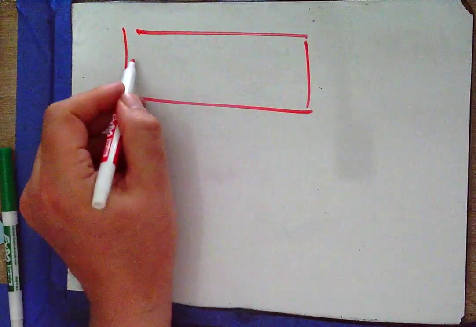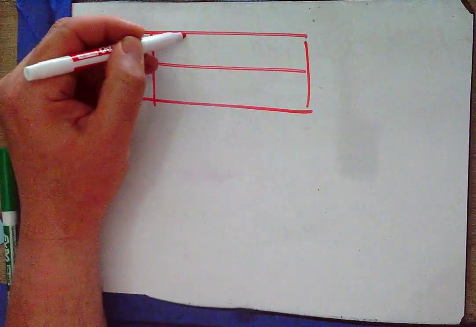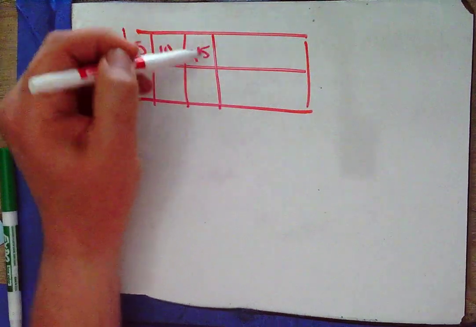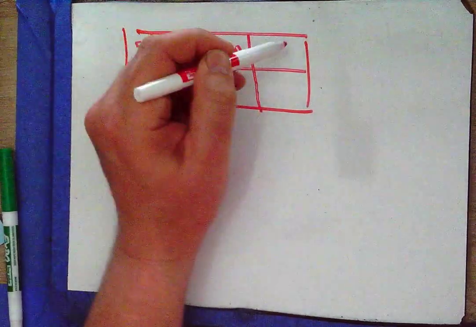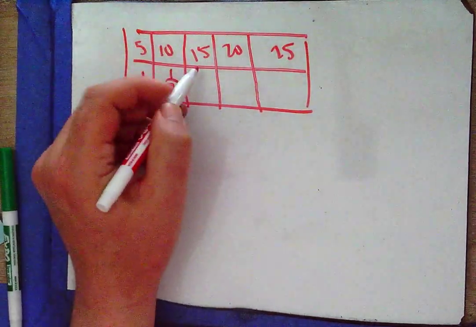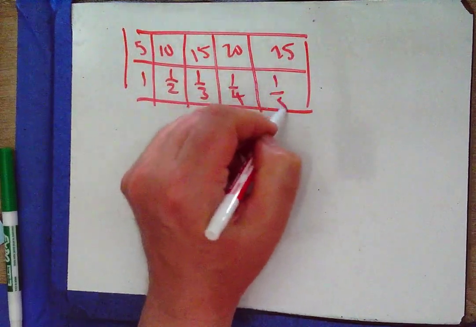and let's ask this question. Let's say they don't tell me what variation model I should be using, but they give me a table. x values 5, 10, 15, 20, 25, and y values 1, 1/2, 1/3, 1/4, 1/5.